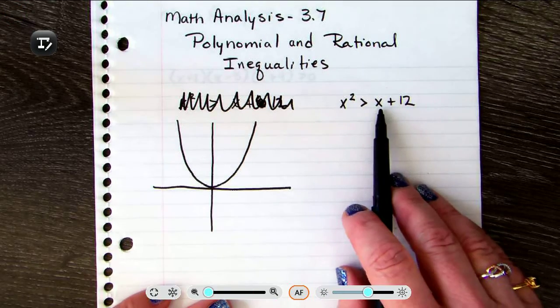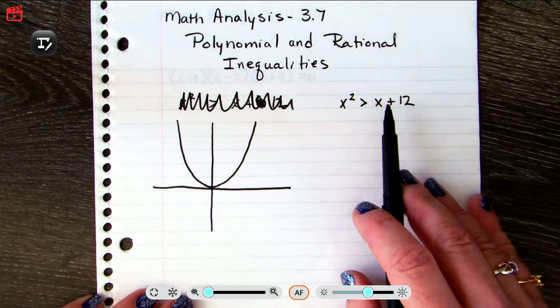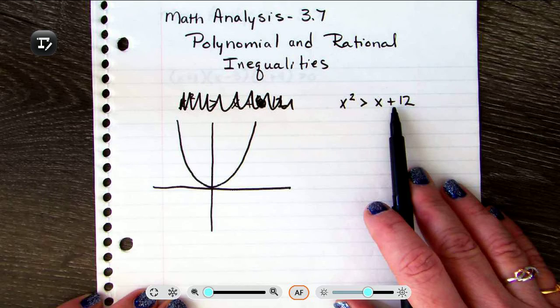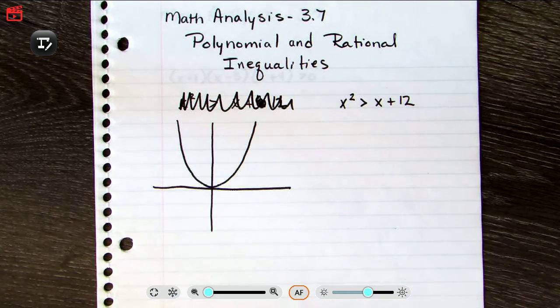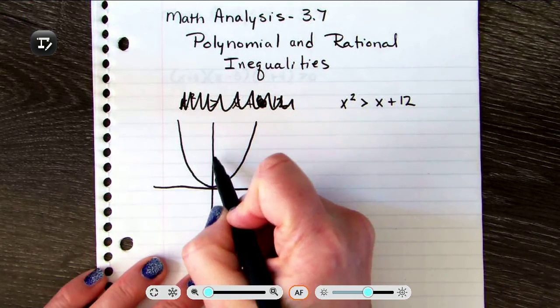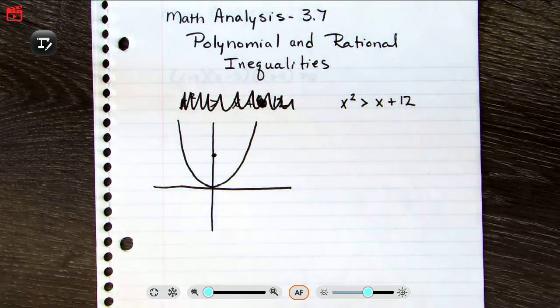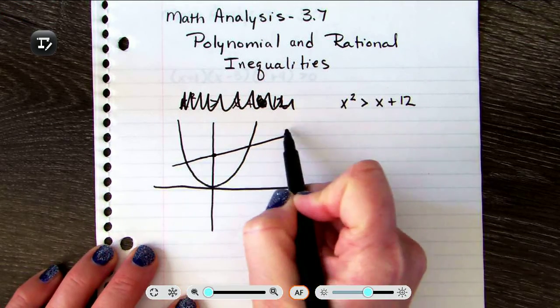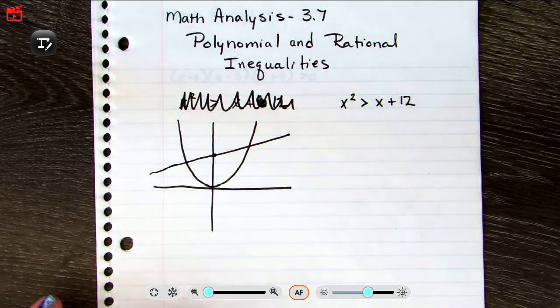And this side is x plus 12. Well, that is a straight line, slope of 1, with a y-intercept of 12. So I'm going to rough sketch it in here. I'm not going to put any scale on here, because let's just say 12 is here, and a slope of 1 means it's going up 1 over 1, so it's going upwards. And there's my straight line.